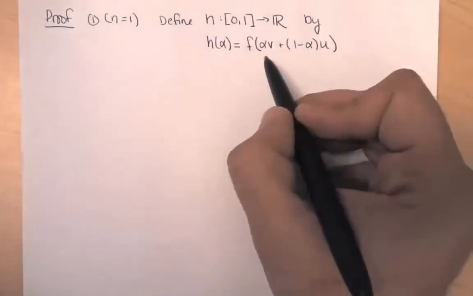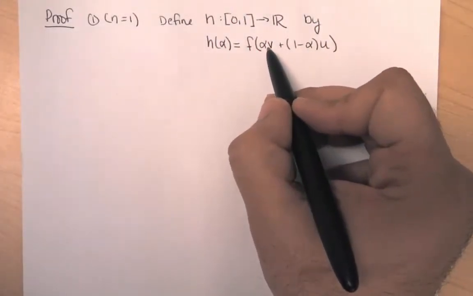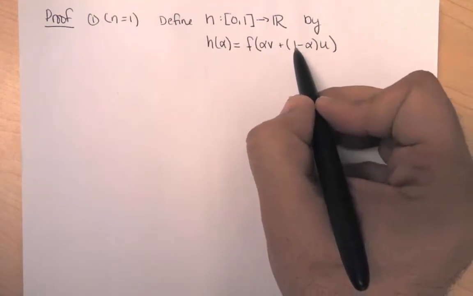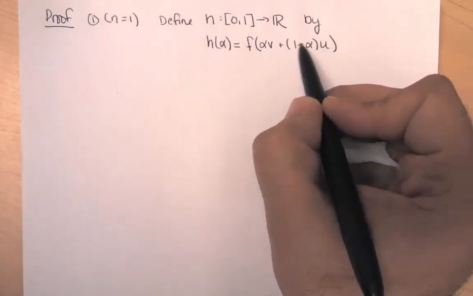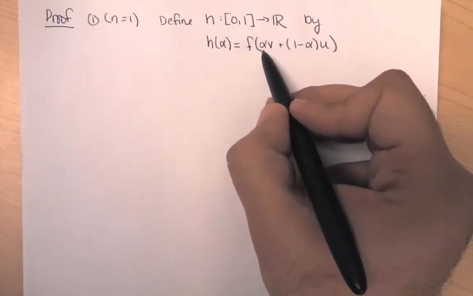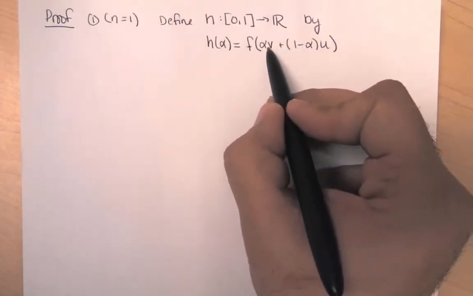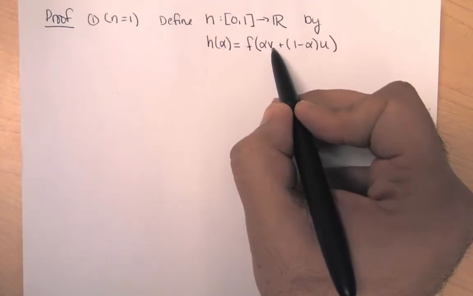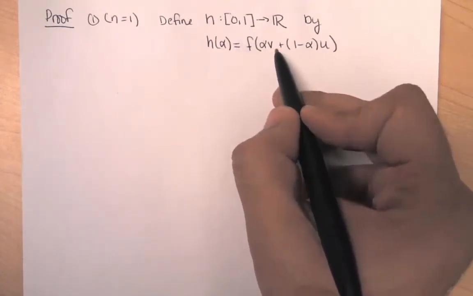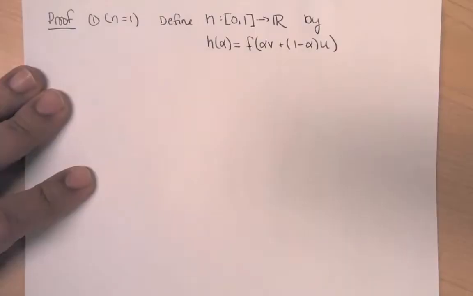So let's just note that when alpha is 0, I get 0 times v plus 1 times u, or u. And when alpha is 1, I get 1 times v plus 0 times u, or v. So again, this is the line that as alpha goes from 0 to 1, goes from u to v.